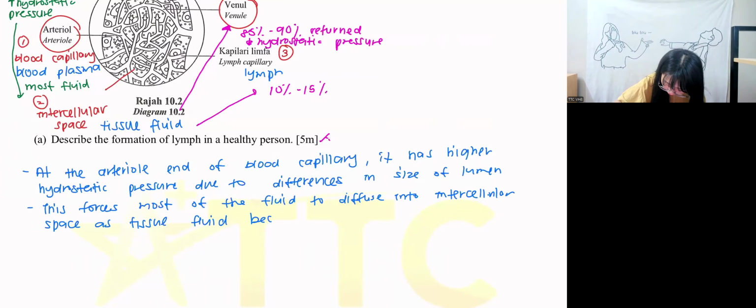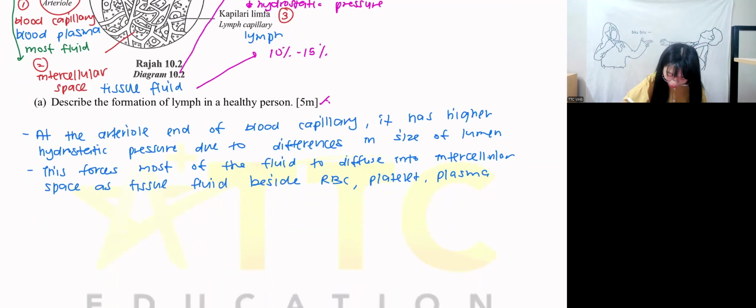Besides red blood cell, platelets, plasma protein, because they are too large.